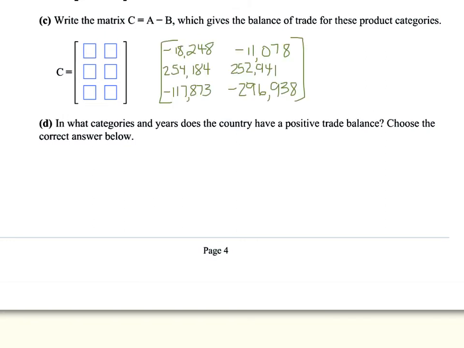So I've gone ahead and subtracted matrix A and matrix B, and I've drawn this out because I can't really fit these in those boxes, but when I subtract A minus B in the upper left-hand corner, I got negative 18,248. Now, what does this mean?